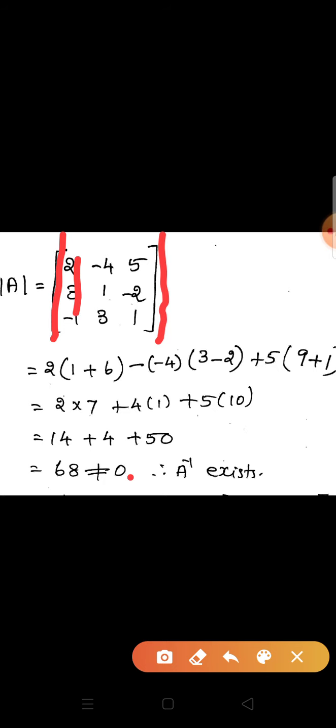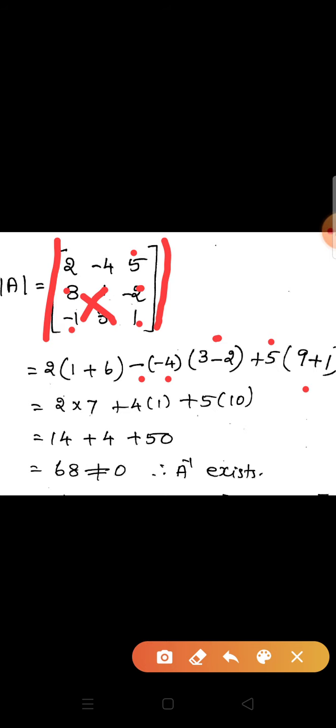2 into, we cancel the first row, first column, and cross multiplying 1 minus of minus 6, so plus 6. Minus of minus 4 into, already we have one minus, so minus 4 into 3, here 3 plus 2, we put in a minus sign, so 3 minus 2, plus 5 into 9, and so on.